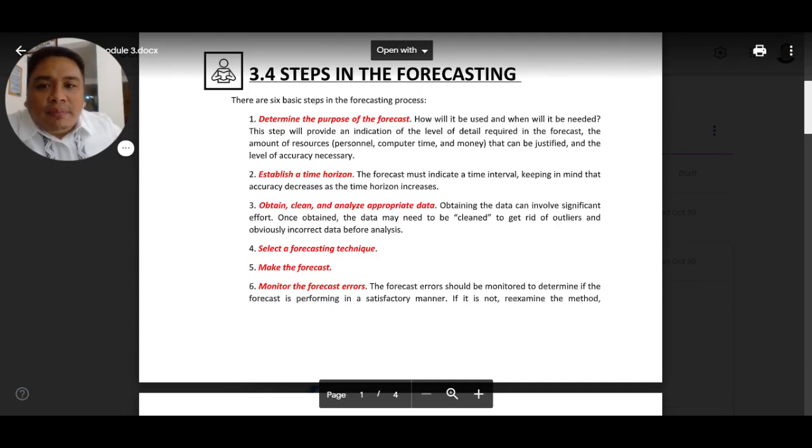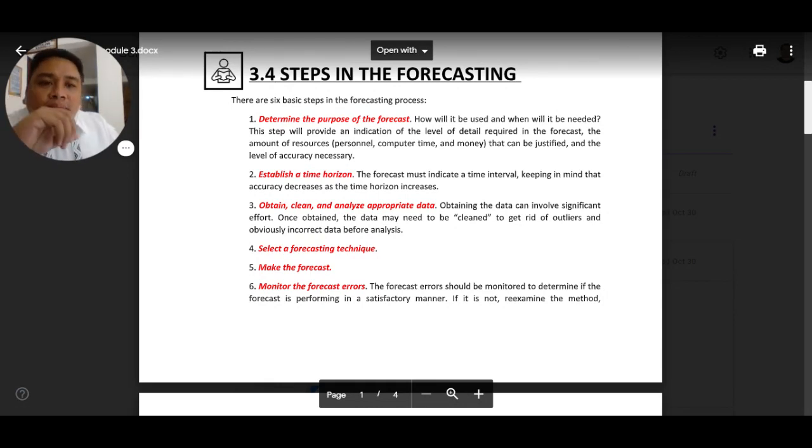Now, the first basic step is to determine the purpose of the forecast. Here are some questions: how will it be used and when will it be needed? Okay, so paano natin gagamitin ang forecasting? Bakit natin gagamitin ang forecasting? Bakit tayo magfo-forecast?